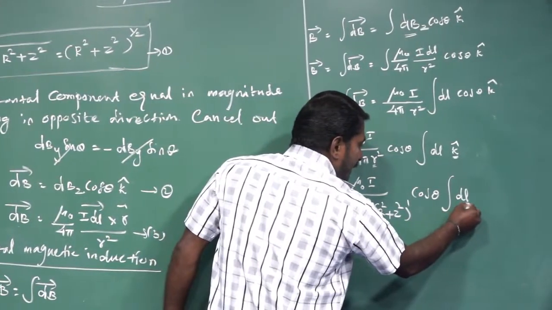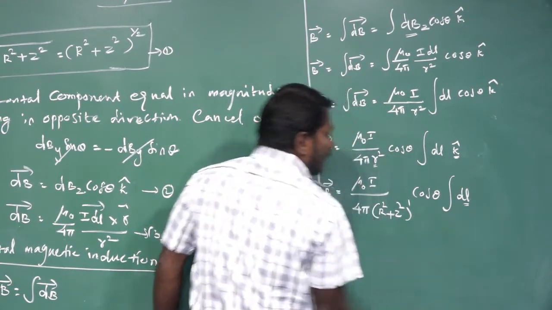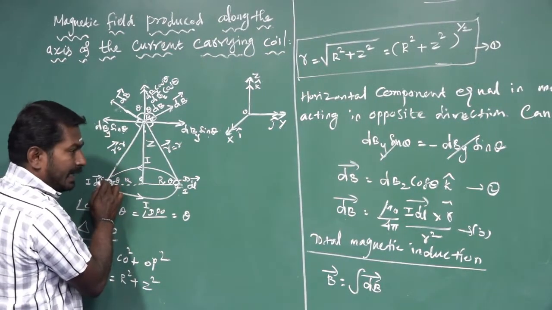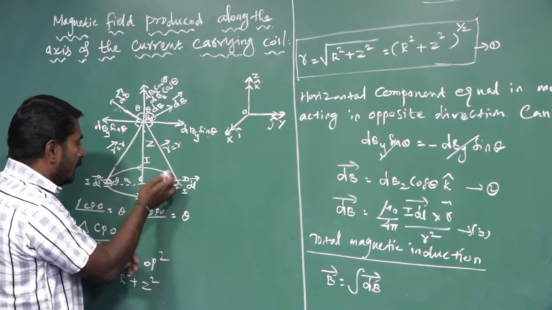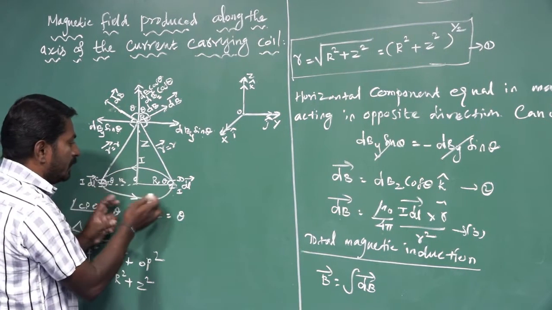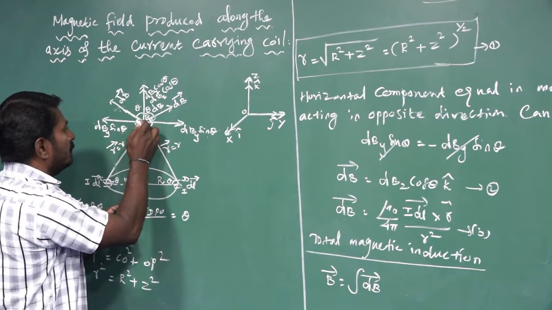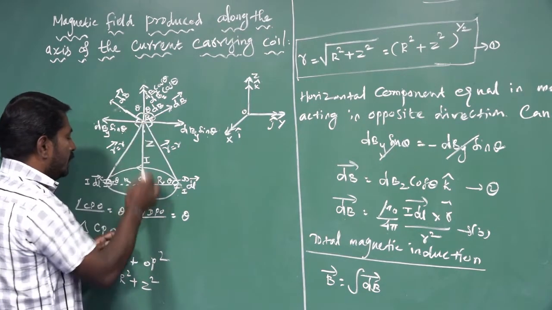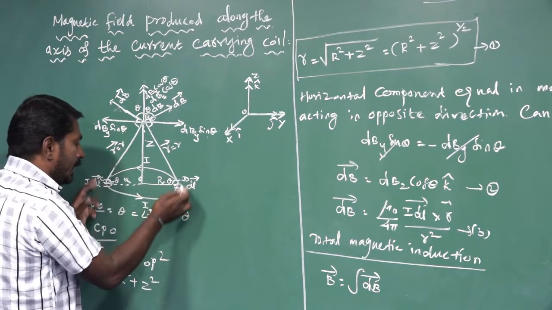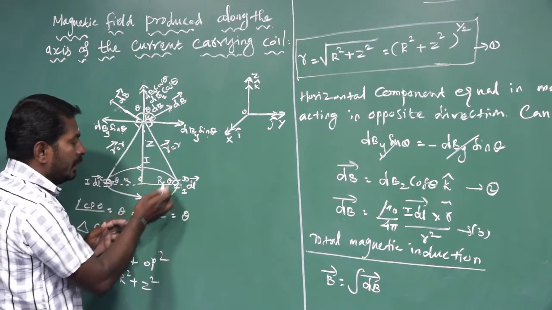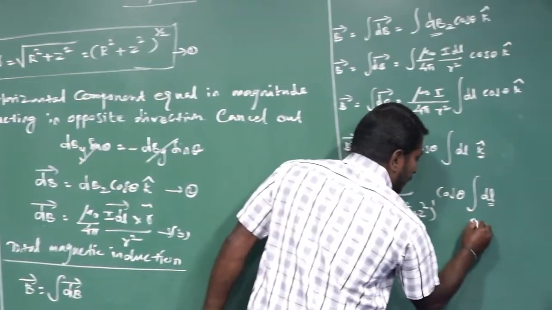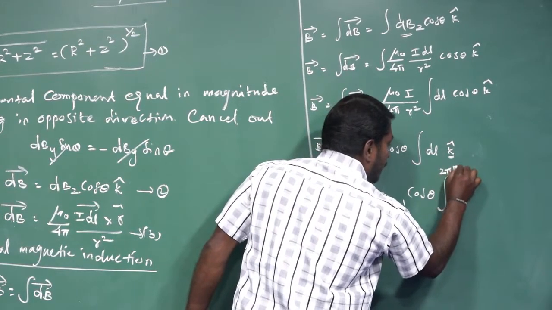But dl means the magnetic induction at this point P due to only one small current element. But we are going to calculate the total magnetic induction produced at this point P by all the elements composed within the circular coil carrying current. So for each and every small element, the total length is 2 pi r, the circumference of the circle. So we take the integration from 0 to 2 pi r.